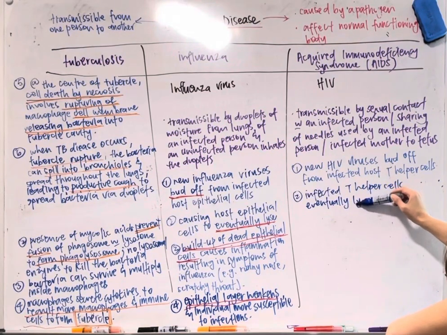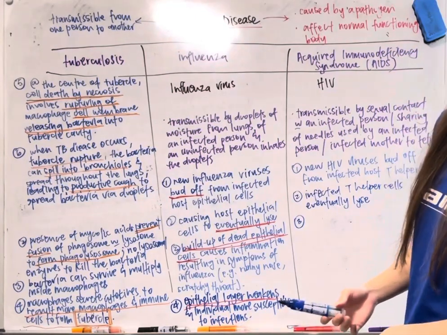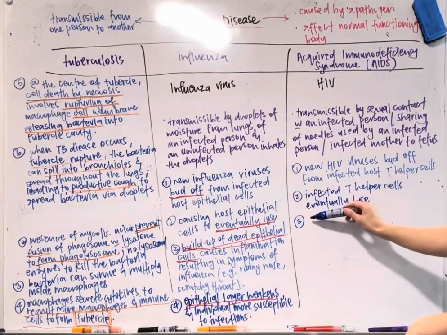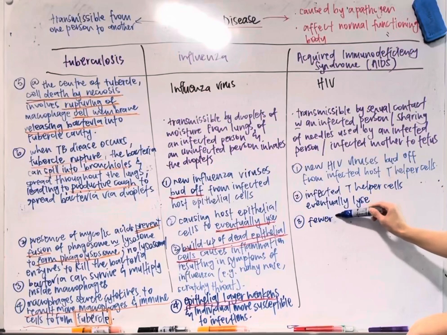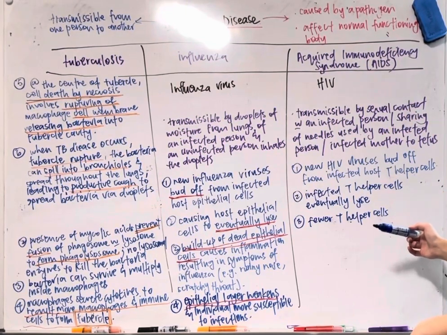Because you should know already it causes a loss of cell membrane. Okay? So when it lyses, it means that you have fewer T helper cells. And you should know it's already part of your immune response. Fewer T helper cells, so the immune system is compromised.